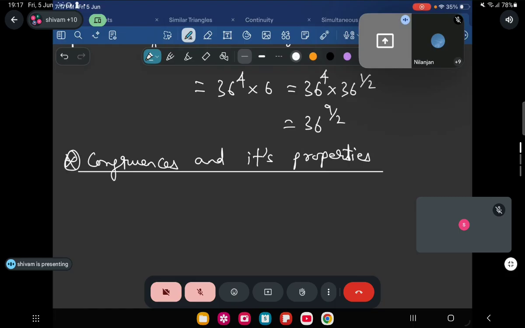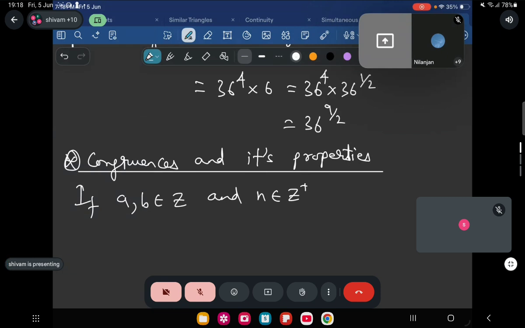If a, b belong to integers, and let us say n belongs to positive integers. Why I have taken only positive integers? Because whatever happens for positive 3, same will happen for negative 3 also. So I'm just considering positive 3.